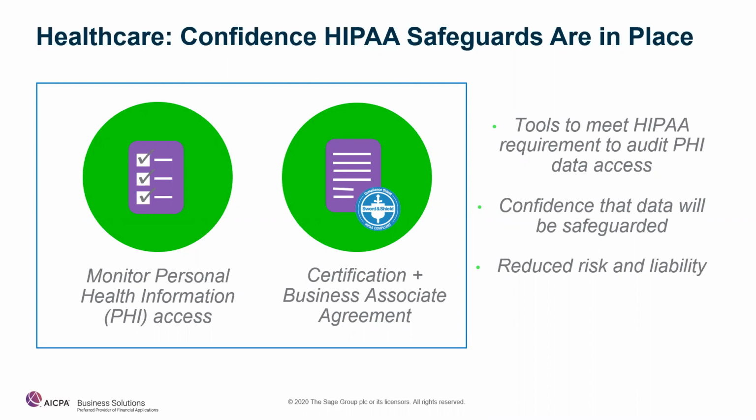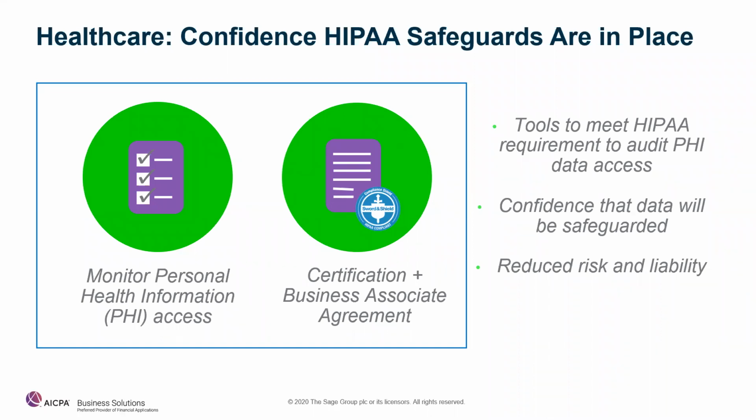Now, when I say in any manner, that means through the user interface, through reporting, through APIs. APIs are application program interfaces. So when we're taking information from one solution into Intacct, we create what's called an API. And that's going to make sure that you are complying with those HIPAA audit requirements.